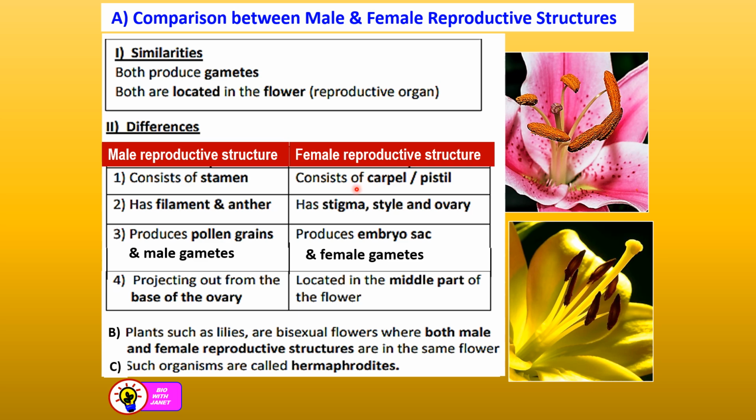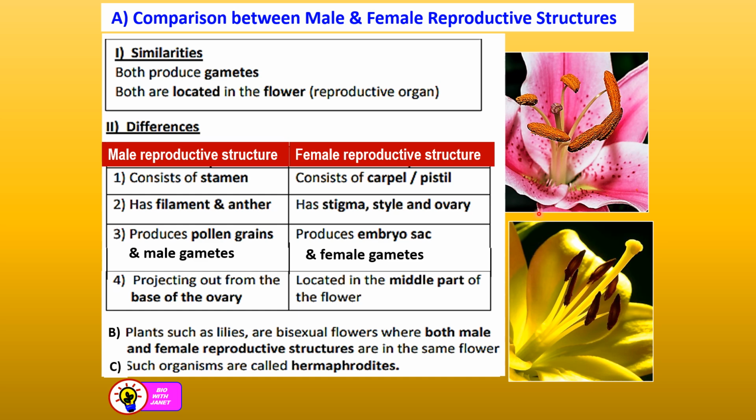I think you better stick to the word carpel as in the textbook. Now this is the carpel. The stamen consists of the filament or the stalk and the anther. Whereas the carpel consists of the stigma, the style, and the ovary, and inside the ovary there are ovules.